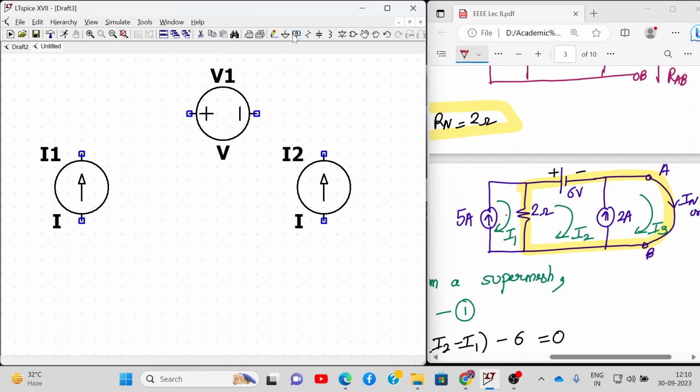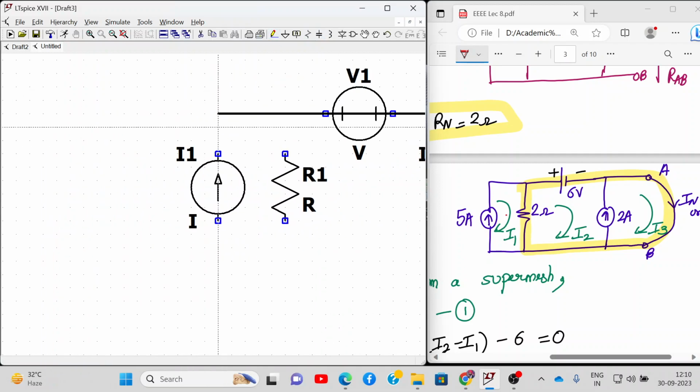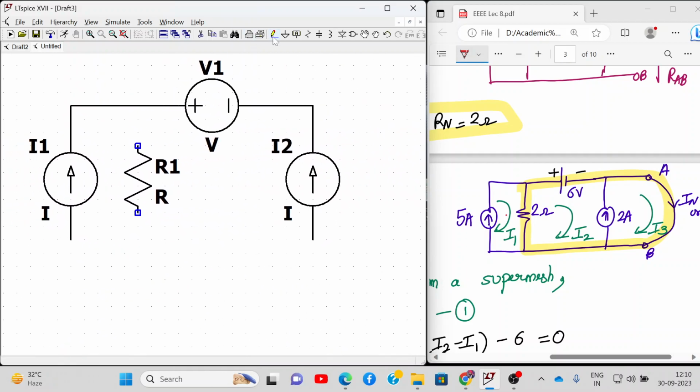Then we have a resistor of 2 ohms. Then we connect the circuit quickly with a wire. Let's connect the remaining part of the circuit. This will be a 2 ohm resistance. Also don't forget to add the ground. So we'll add the ground node over here and connect it with a wire.